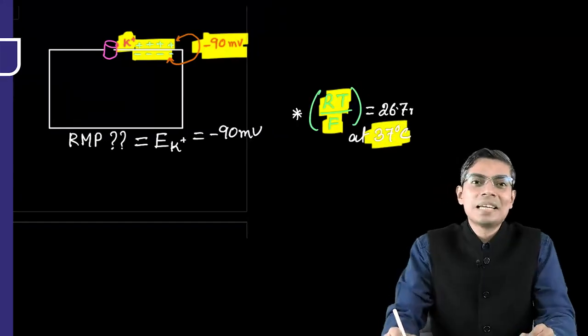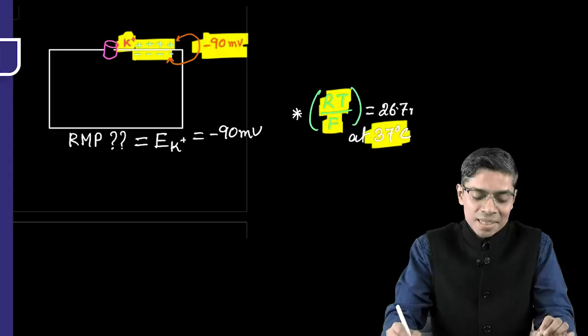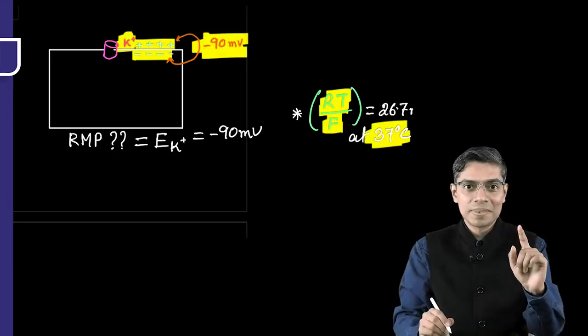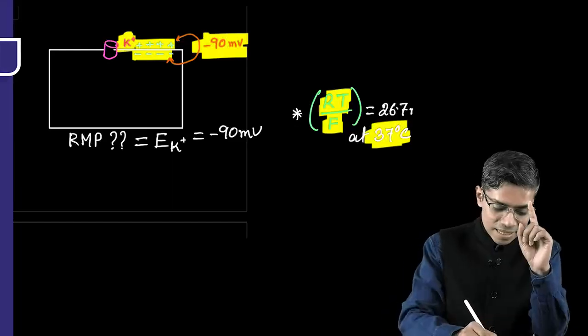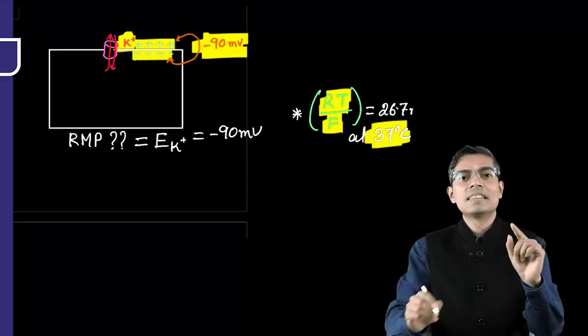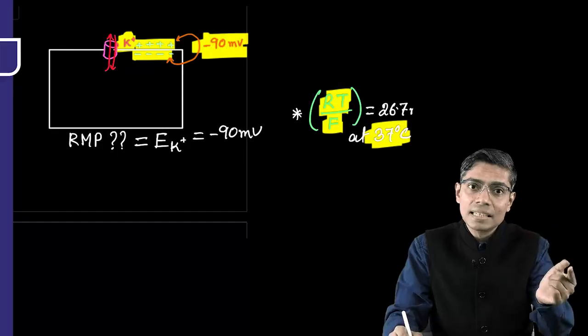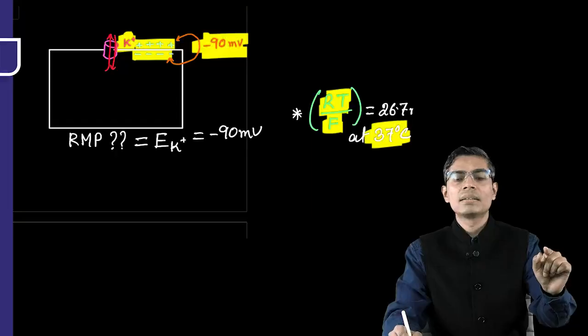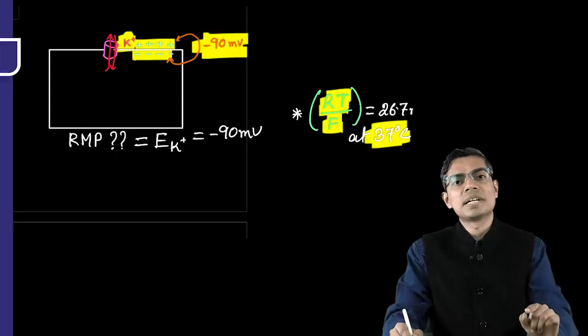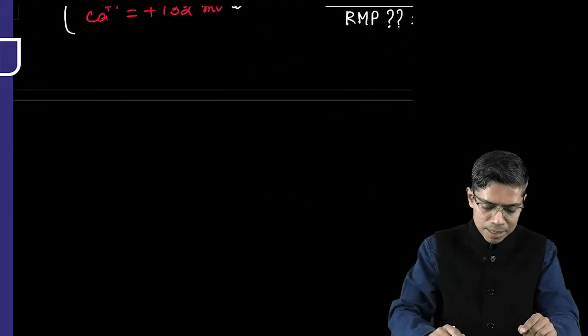So, what is the bottom line? The bottom line is that if a cell contains only one type of leak channel, here the potassium leak channel, then the RMP of that cell will be equal to the equilibrium potential of the ion which is permeable to that cell membrane. Getting my point? So, I am writing this very, very important statement.